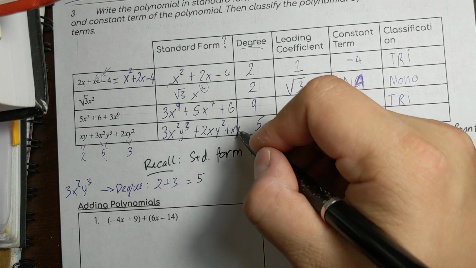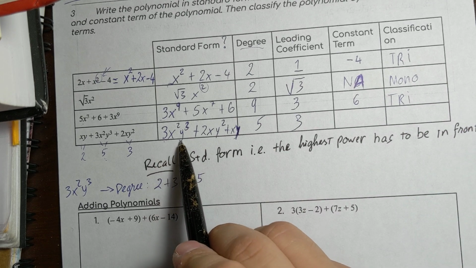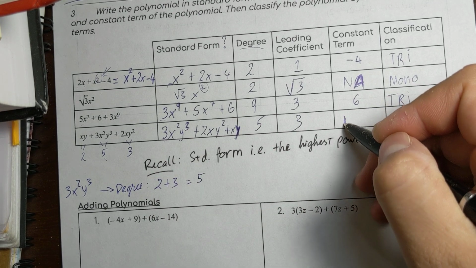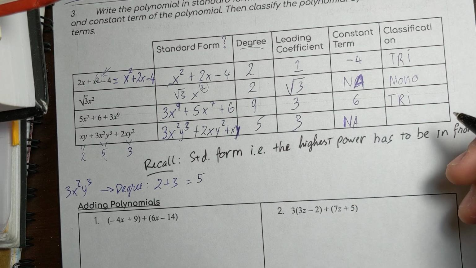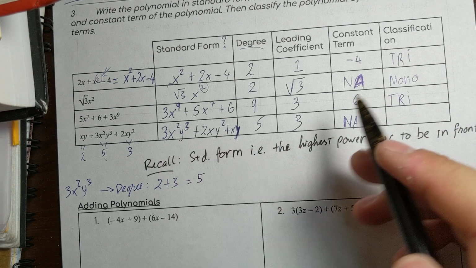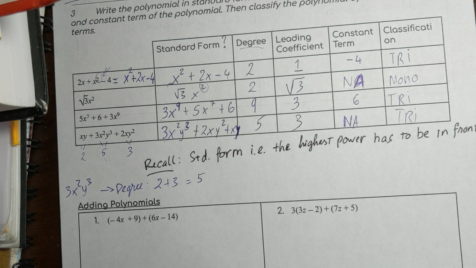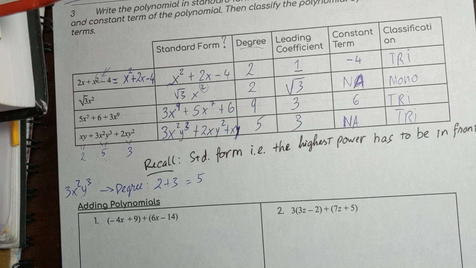Do we have any constant term? No. Since every single term in here involves letters, there's no way you're going to have a constant term. So NA in this case. Classification. 1 term, 2 term, 3 term. Has to be a tri. Let's conclude the first part.